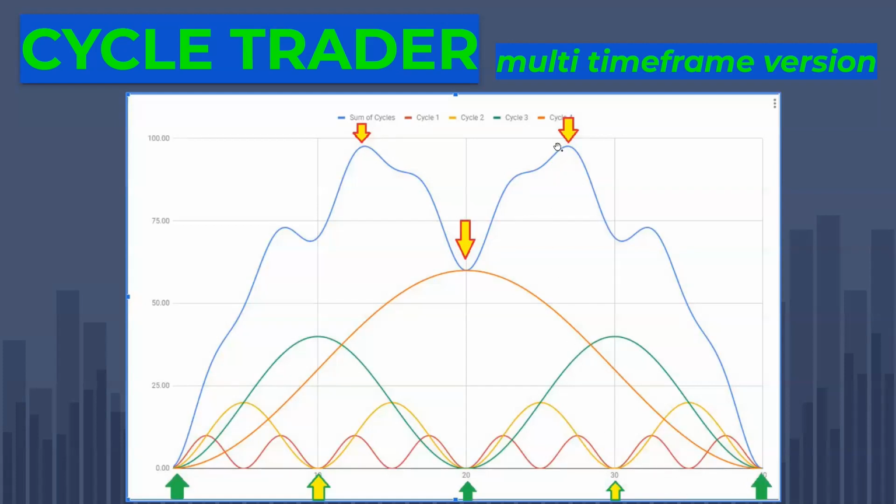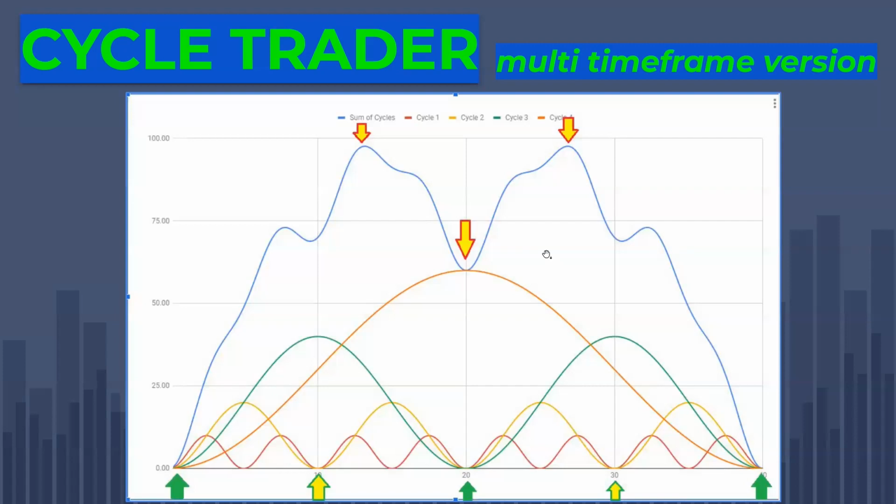But when that green cycle finally rolls over and stops supporting the upward push in prices, price starts moving down in an accelerated way, until all four cycles reach their respective bottoms together.